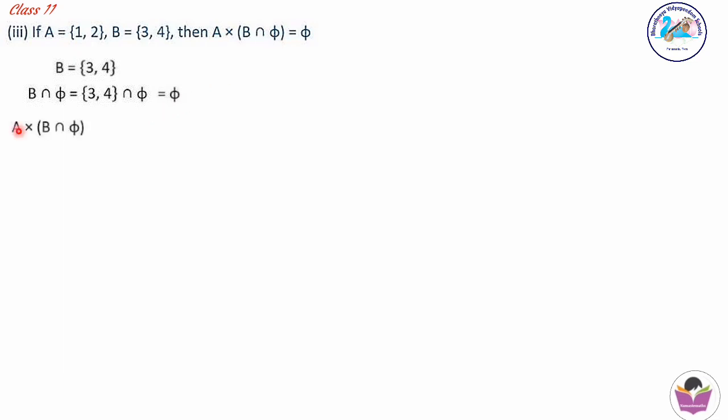Next, A cross (B intersection null set). A is given as {1, 2}, cross B intersection null set, which is a null set. So {1, 2} cross a null set. Here we are finding a cross product with a null set, which has no element. As we know, in P cross Q, if one of the sets is a null set, then P cross Q is a null set.